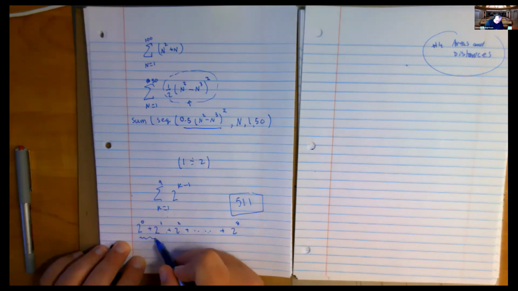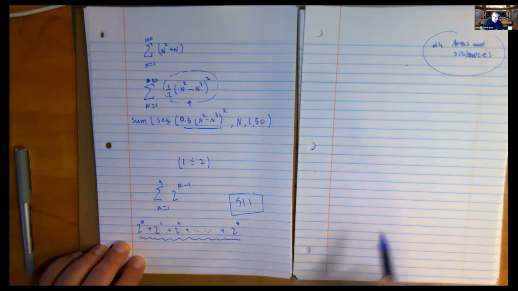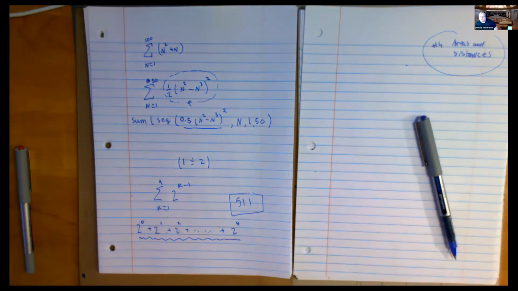Can you imagine how much work you would have to do by hand? Wouldn't you have to add up 2 to the 0 plus 2 to the 1 plus 2 to the 2, blah, blah, blah, plus 2 to the 7 plus 2 to the 8, enter.